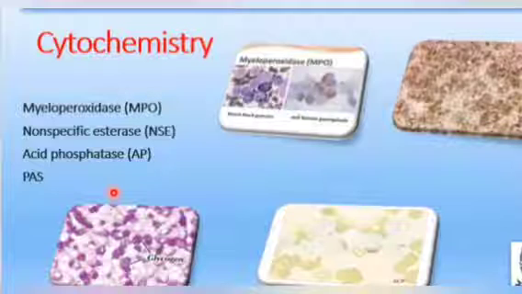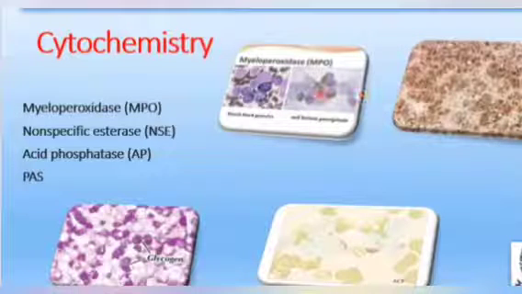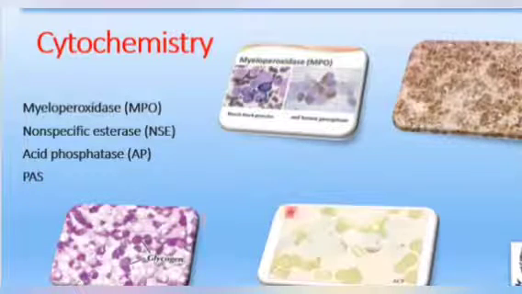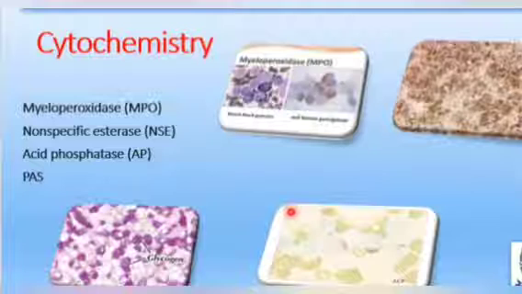Like in acute myeloid leukemia, we are staining MPO or NSE. Then we are looking for MPO, whether it's stained or not stained. And we are also looking for acid phosphatase and periodic acid Schiff base in the lymphoblastic leukemias as well. So these are the special stains which we call cytochemistry.